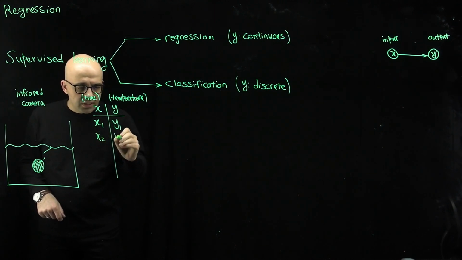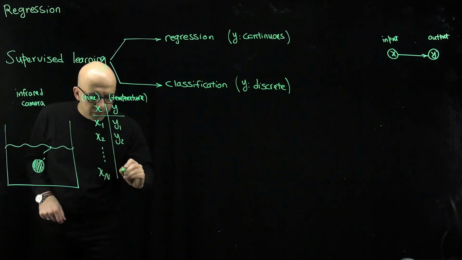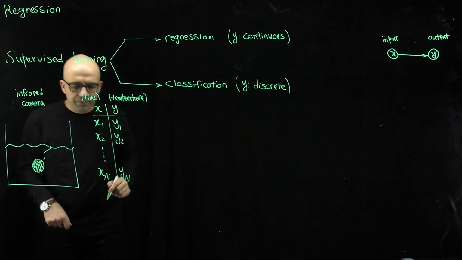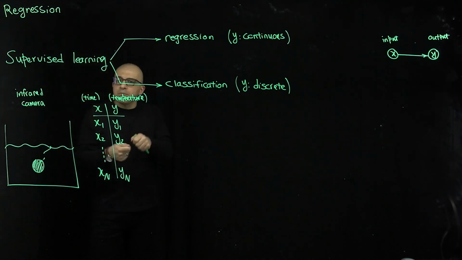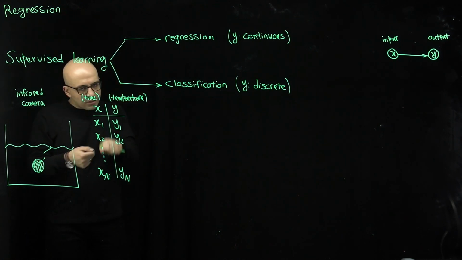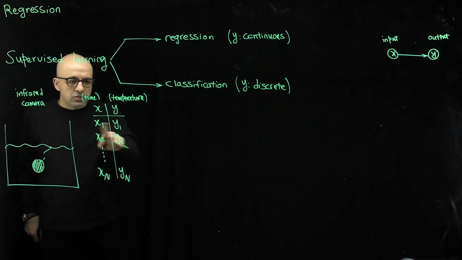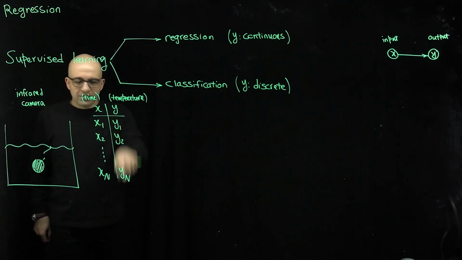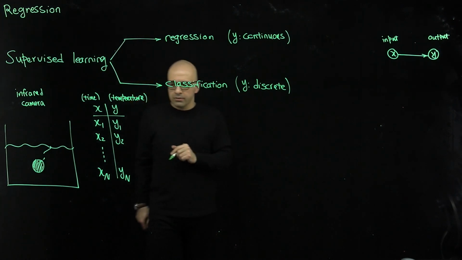So we collect this data and let's say we made n observations. Obviously this camera cannot be perfect, so it makes a noisy measurement of temperature. It's not the exact temperature, it's just a noisy measurement. So we should assume that there is some noise in this data. It's not perfect, so we should take that into account.